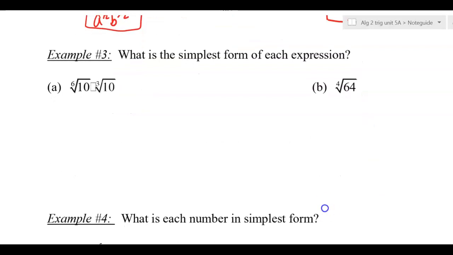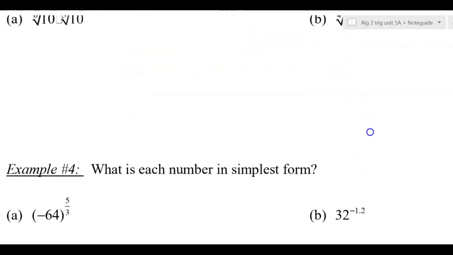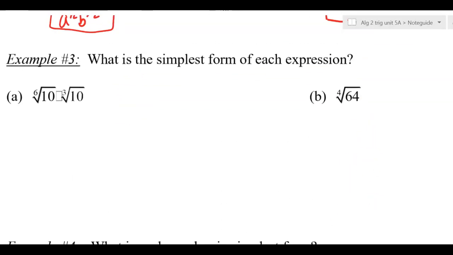All right, so we're going to work on the simplest form of these expressions. Part A here kind of proves the point about why even knowing this connection mathematically is useful. Because sometimes I feel like we don't feel like it is.